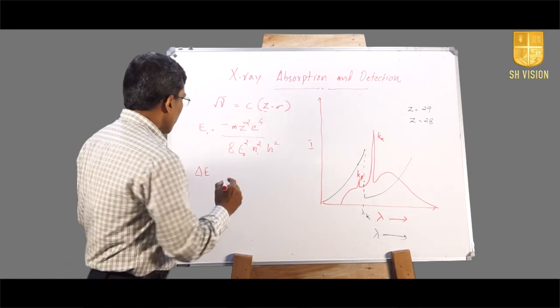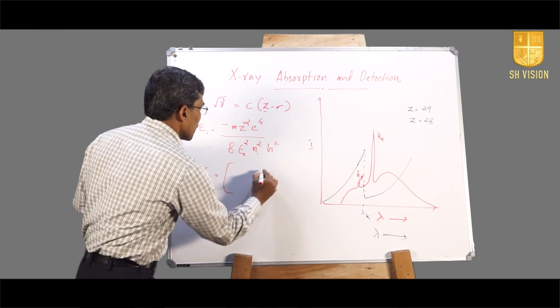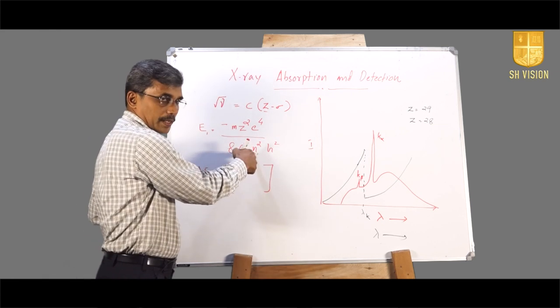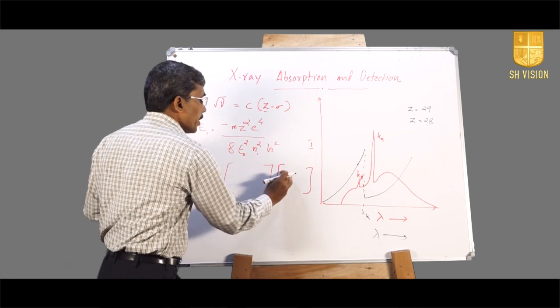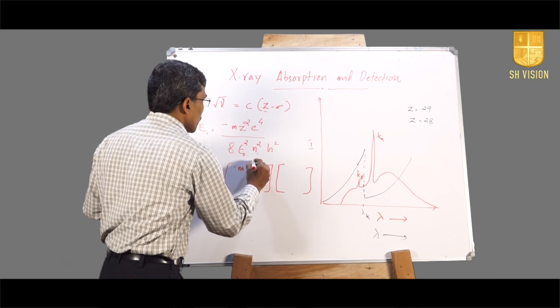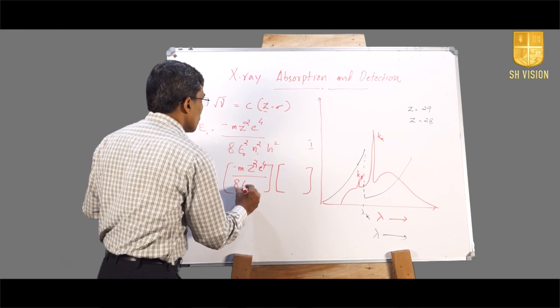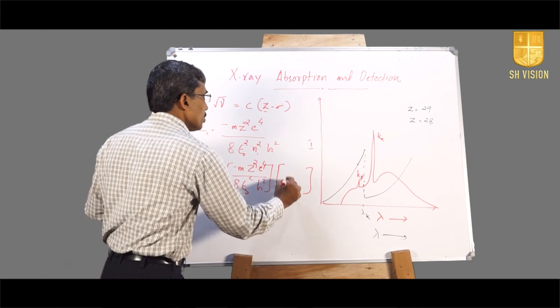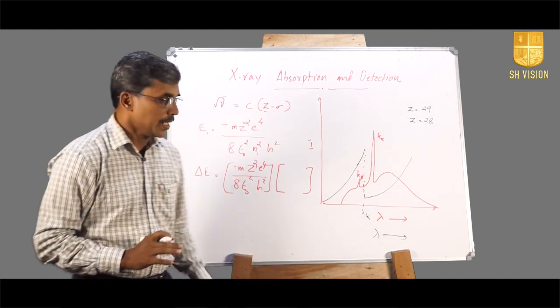the corresponding energy difference when you work it out, you will be getting some physical constants, except this 1 by n square. Everything will be there and only 1 by n square will go to the other side, and minus m z square e raised to 4 by 8 epsilon 0 square h square into 1 by n1 square minus 1 by n2 square, or 1 by n2 square minus 1 by n1 square.